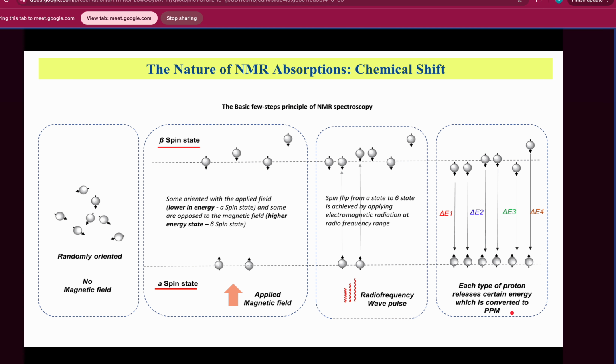In the end, the detector will detect that chemical shift. So this is the principle of NMR spectroscopy: how the external magnetic field influences the protons present inside the nucleus, how they change their spin states, and ultimately that spin state is captured.